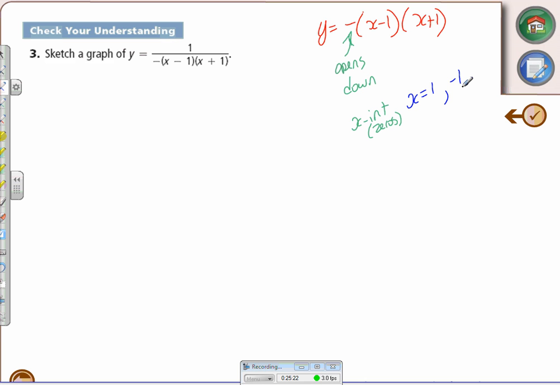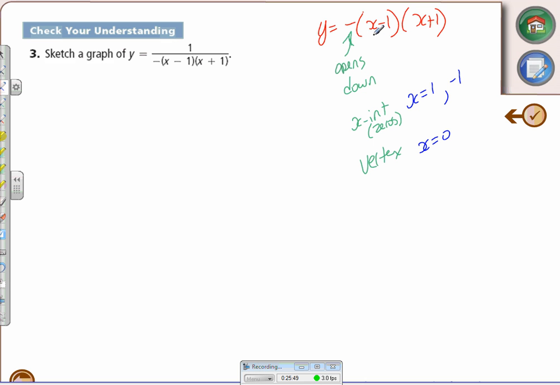The vertex is going to be halfway in between those two. So vertex is always halfway in between the two x-intercepts. Halfway in between is when x equals 0. A little bit easier to do it this way than to expand it and complete the square to find the vertex. So take the two intercepts, halfway in between, x is 0.